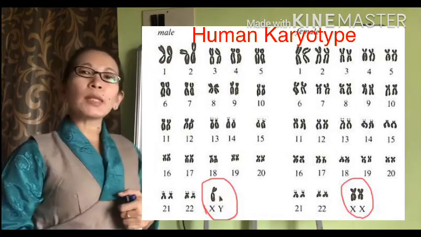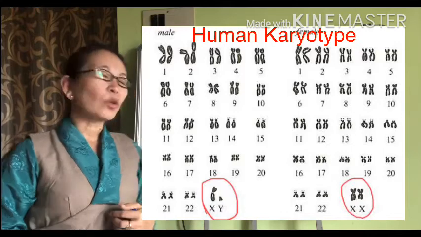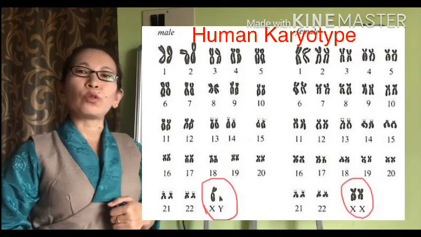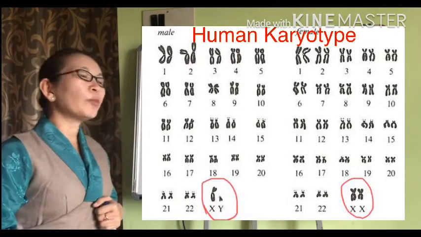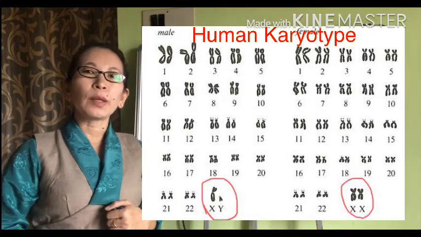Since males have one X and one Y as their sex chromosome pair, the X chromosome is relatively larger than the Y chromosome. And by looking at the human karyotype, you can predict the sex of the individual.